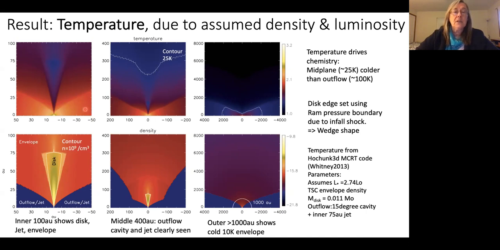This is found in the outflow and the outflow shell, and these temperatures are high enough to drive significant molecular chemistry. Blue corresponds to colder temperatures around 20 to 30 Kelvin, and the white contour line shows 25 Kelvin. At these cold temperatures, CO freezes out of the gas and onto grains.